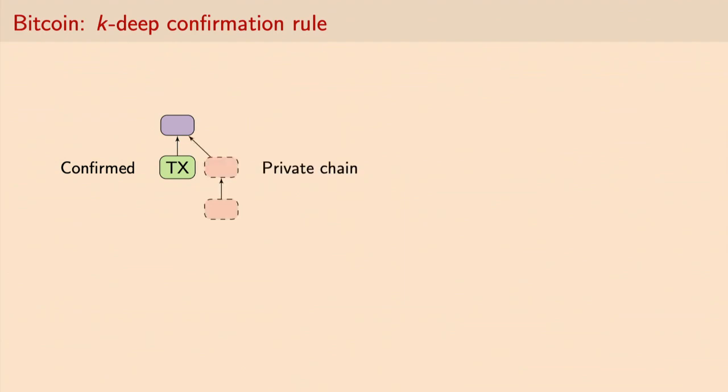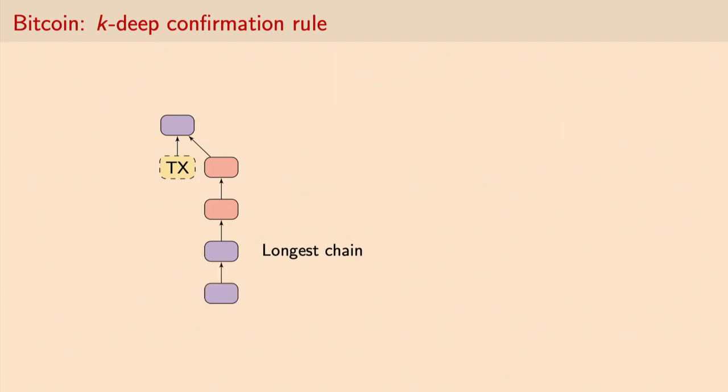Because the mining process is random, a Poisson process, the attacker can get lucky and mine the first few blocks faster than us. When that happens, the attacker is going to release this private chain, and suddenly our transaction is deconfirmed because it's no longer in the longest chain. And our transaction is gone forever because now there is a longer chain, and everybody is going to switch to that. So obviously, it's not going to work.